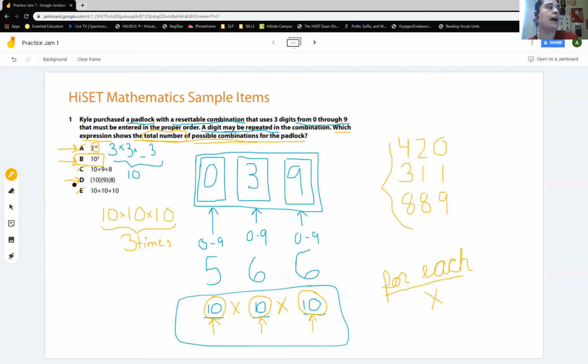And so D would be the correct answer if the problem were a little different. If the problem said a digit may not be repeated, then D would be the correct answer. But in this case, the problem says that a digit may be repeated in the combination. So therefore, B is going to be the correct answer here.